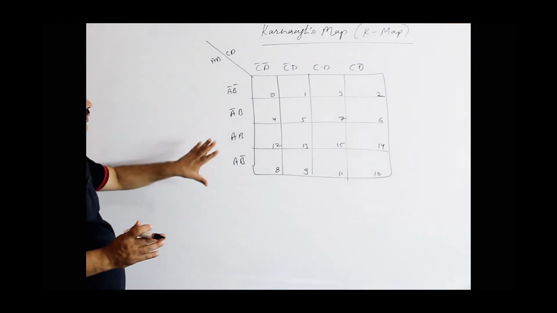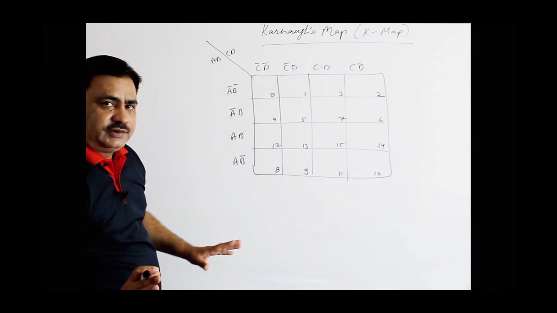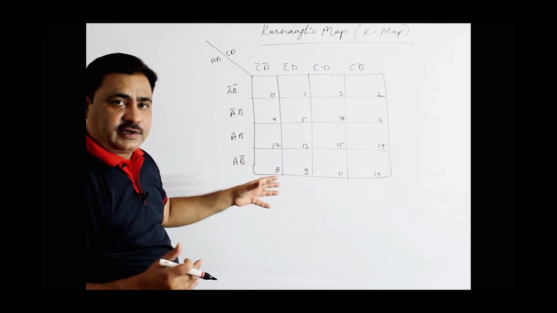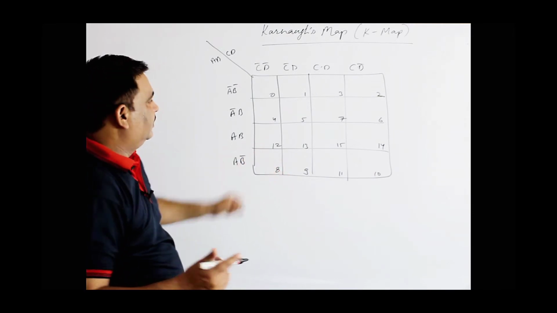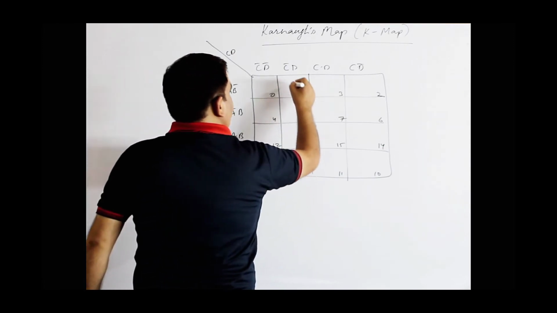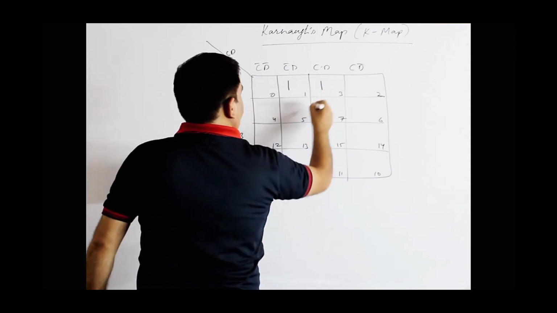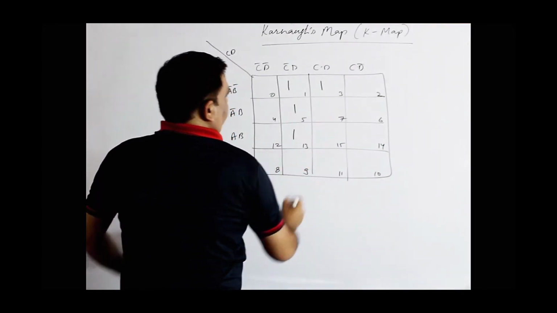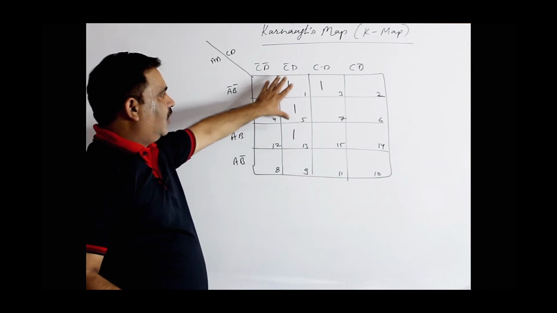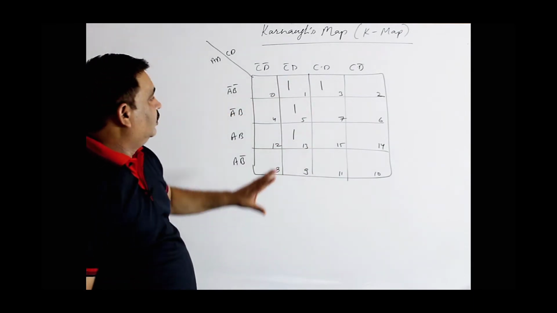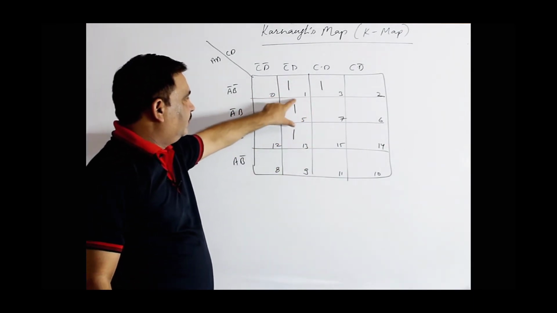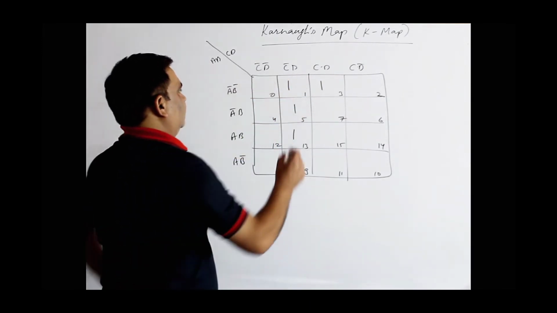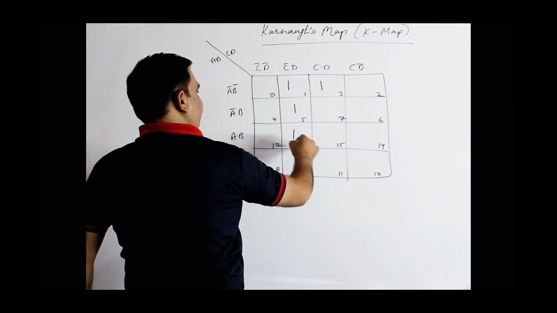Now, I am not taking any expression right now, just filling it in to explain how to make the octet, quads and pairs. Suppose 1 is here, 1 is here, 1 is here and 1 is here. Can you form a quad? No. Can you form a pair? Yes. You can form a pair like this, this is the pair, this is the pair.